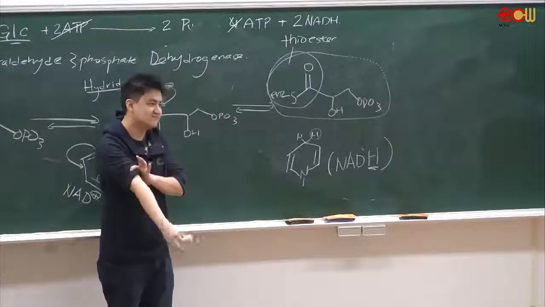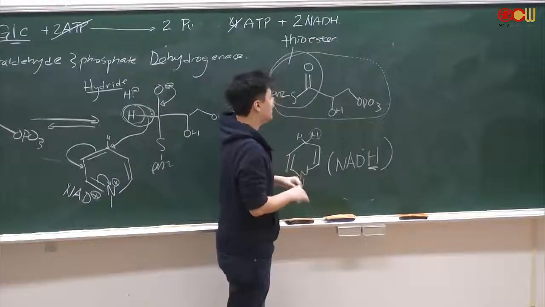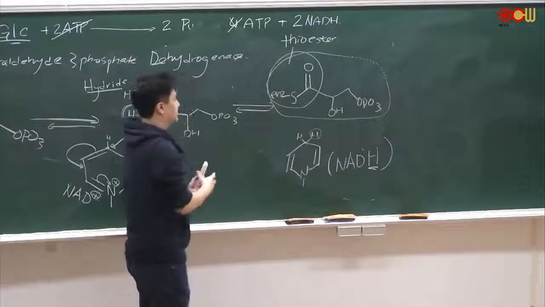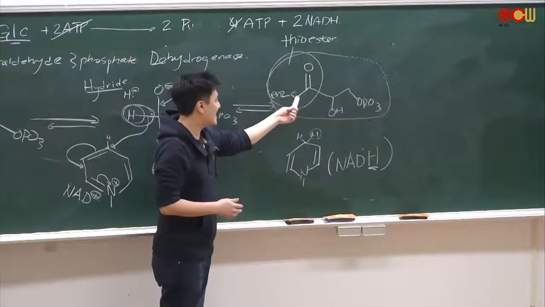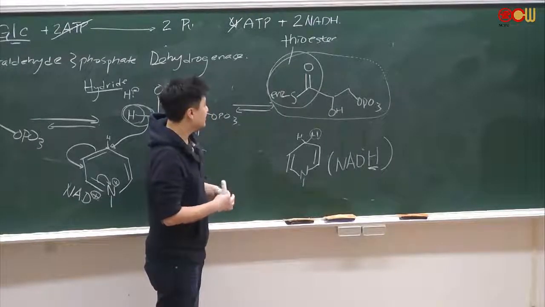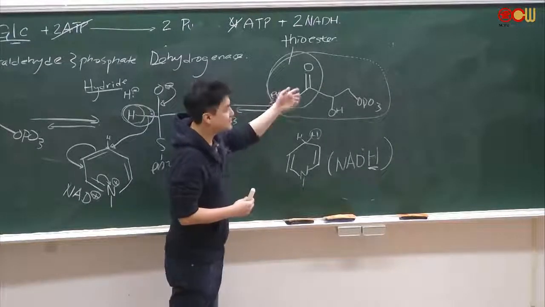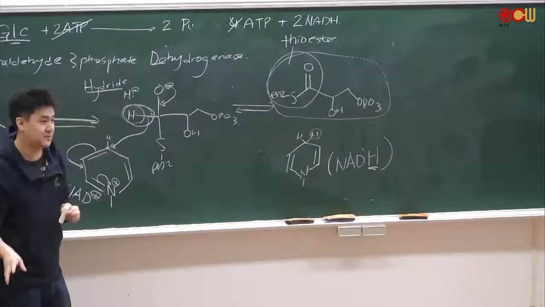Remember we said that? Okay, we did. So throughout evolution, what biology learned to do, instead of doing a hydrolysis to get an acid out of this and waste that energy, is to turn that into a phosphate, because later on I can use that phosphate to produce ATP.